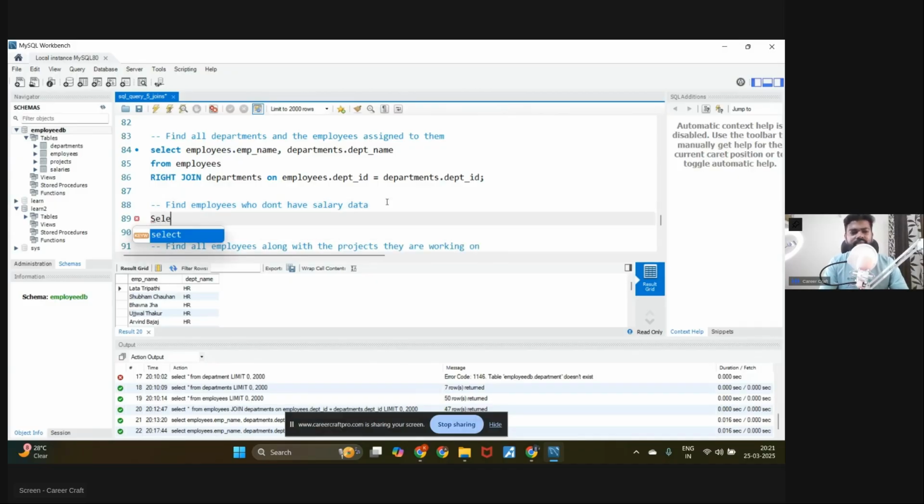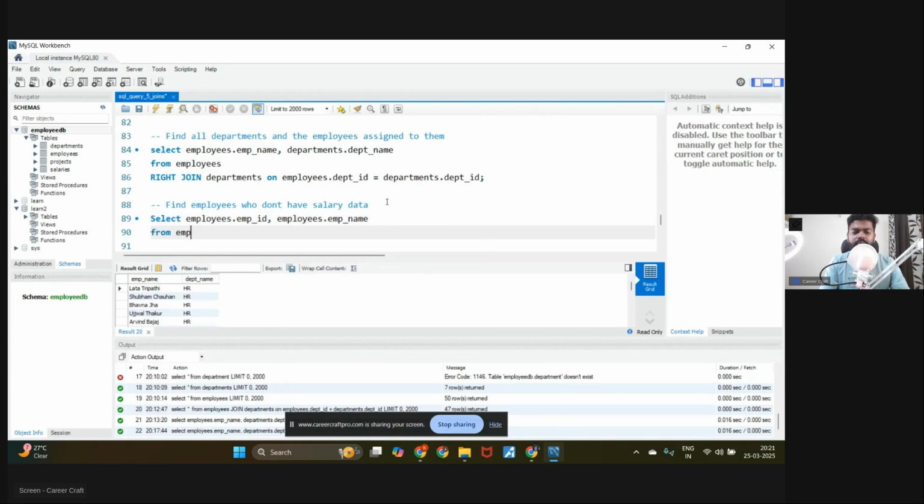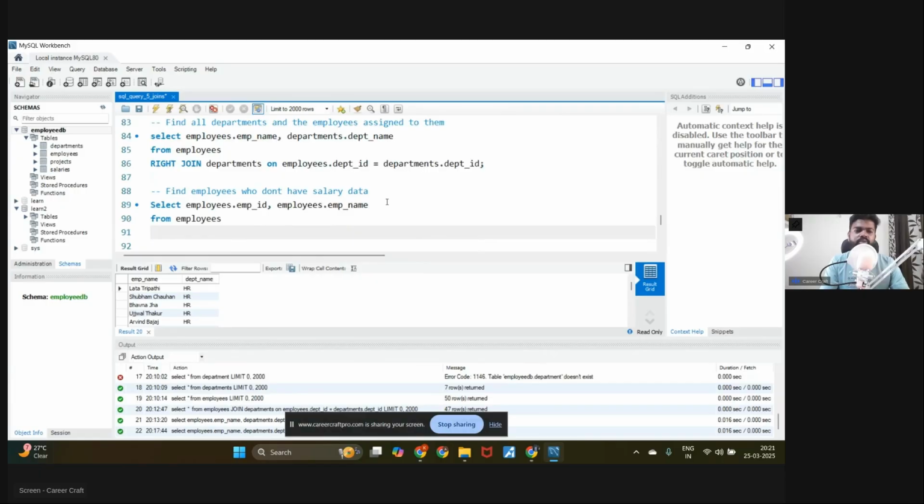Select employees.empid, employees.empname from employees, so far so good.